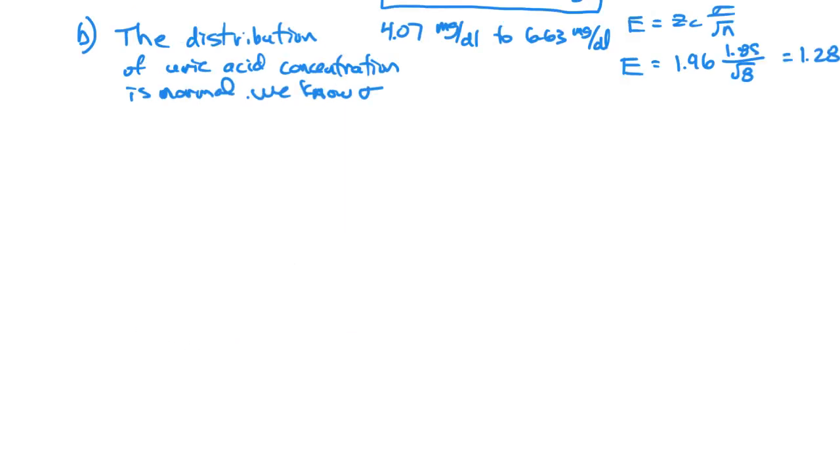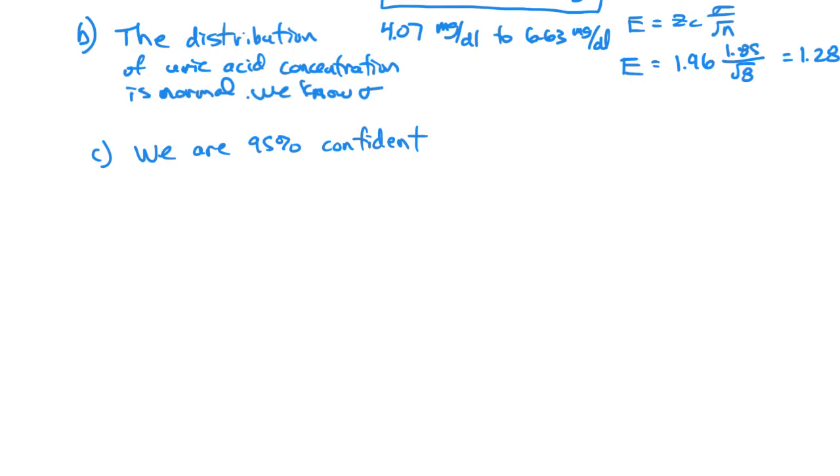So for part C, this is the part that we tend to struggle with. Part C says, interpret your results in the context of the problem. So I'm going to start off with the same wording as always. I'm going to say, we are 95% confident. And remember, this is not just an everyday figure of speech.